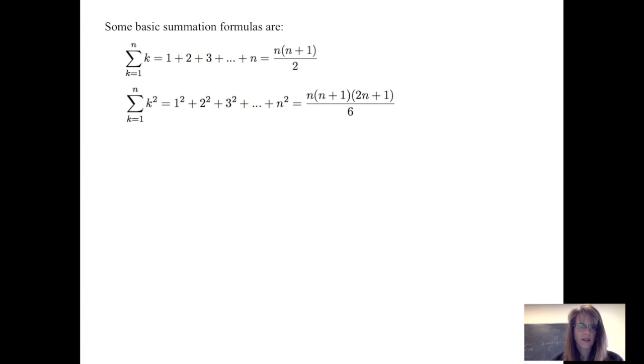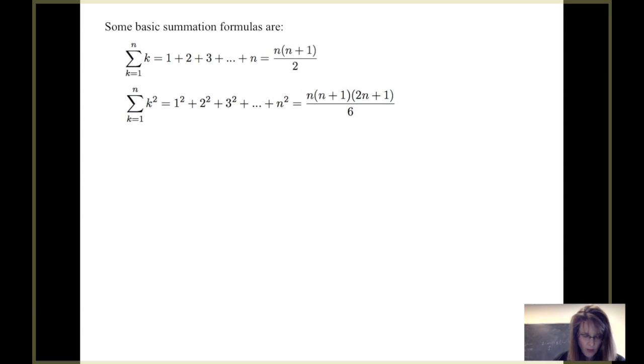And two of the basic summation formulas that we use are the sum of k going from 1 to n, and that's simply showing that we're going to add 1 plus 2 plus 3 and so on, stopping at n. So we start at 1, we stop at n, and we're increasing k by 1 each time.